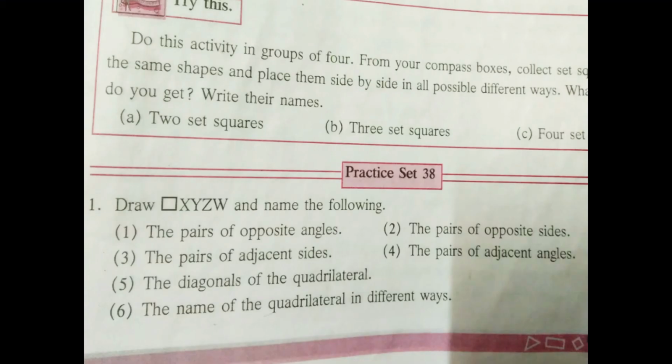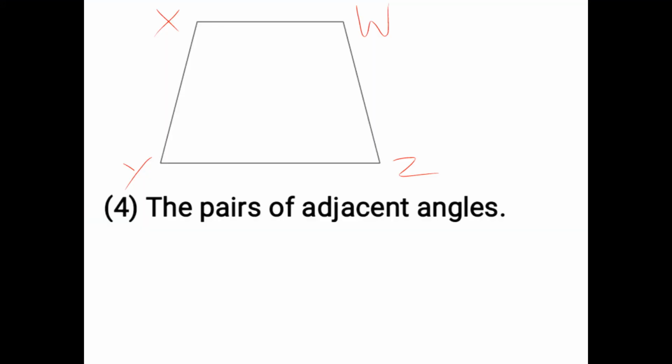Next, the pairs of adjacent angles. Angle WXY and angle XYZ. Angle symbol you can take like this. Okay, you can do correction here. The letter L, you can type as italic letter L. It forms an angle.